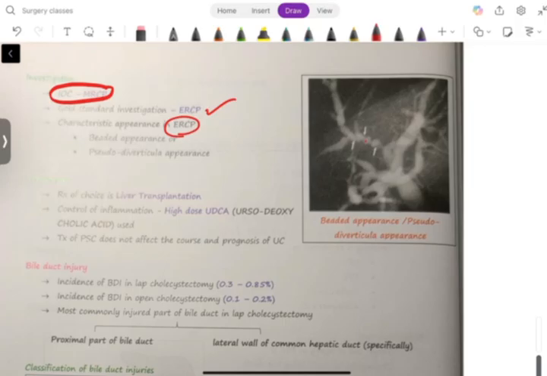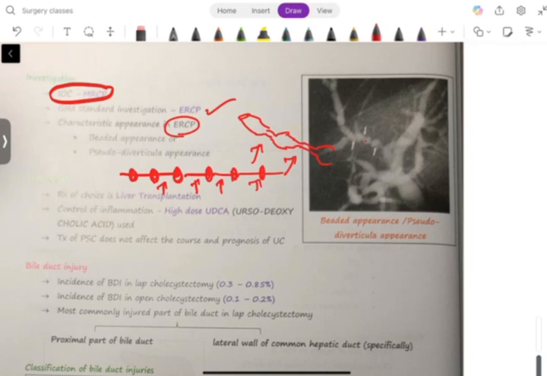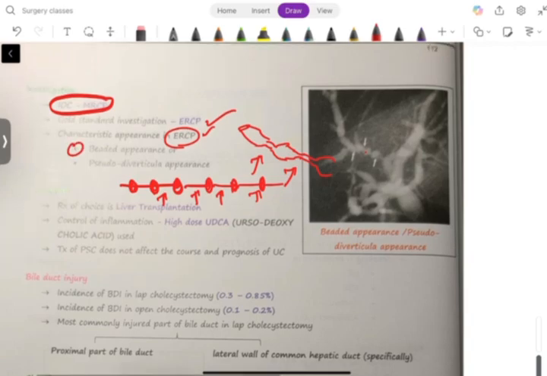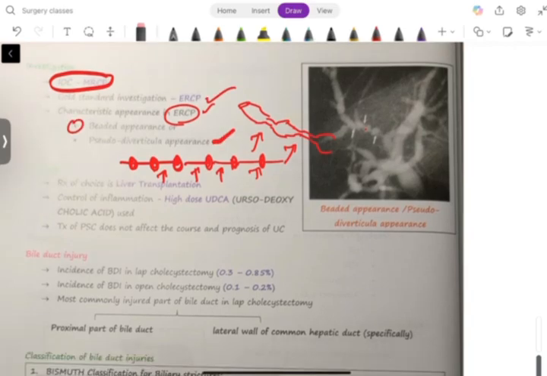Why beaded? There is a stricture here, then normal duct continues, again there is a stricture, again it continues. So it appears like a string with beads, like a rudraksha mala. This is a stricture, this is normal bile duct, stricture, normal bile duct. Because of that, on ERCP there will be a beaded appearance and a pseudo-diverticular appearance.